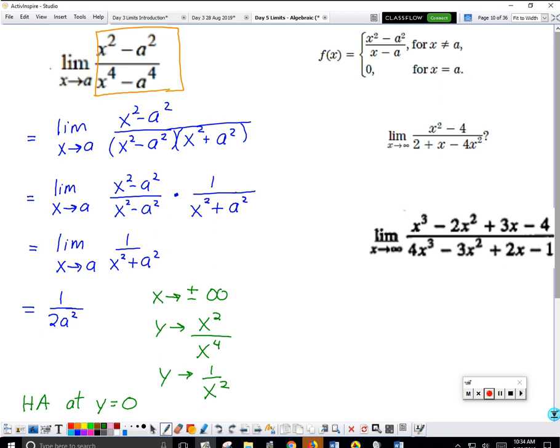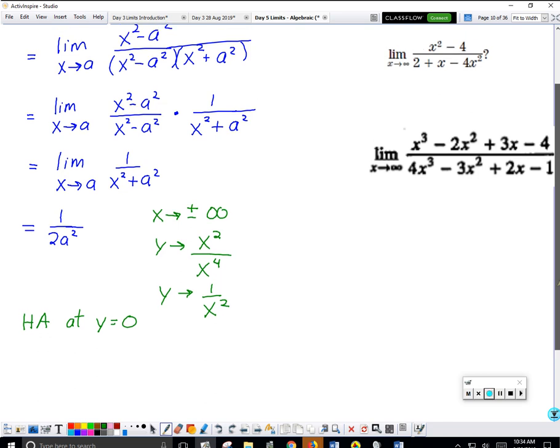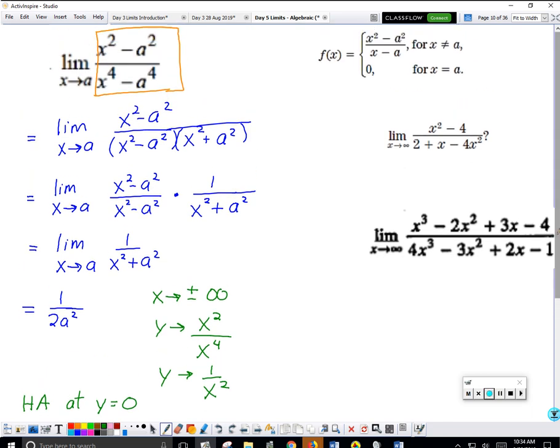So why would the horizontal asymptote be 0? Are you okay that when x is approaching positive or negative infinity, that's what we do to find a horizontal asymptote? Good there? Are you okay that when x is doing this, we can compare things that add?